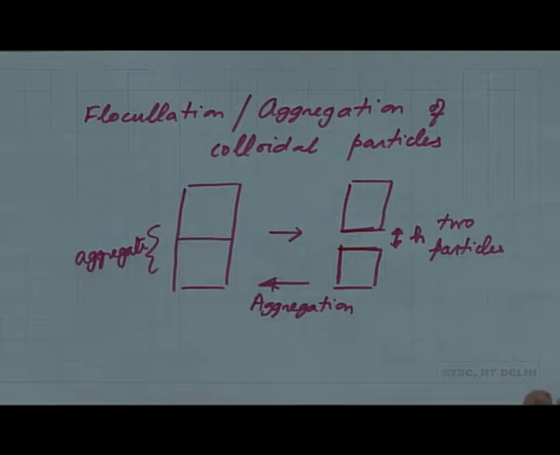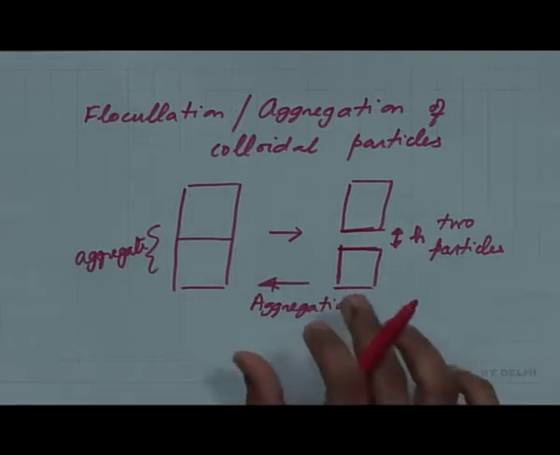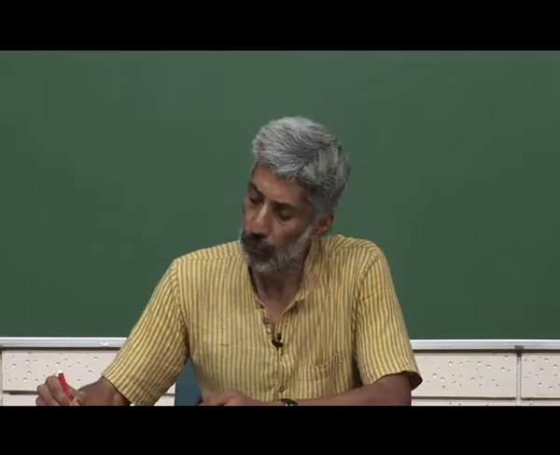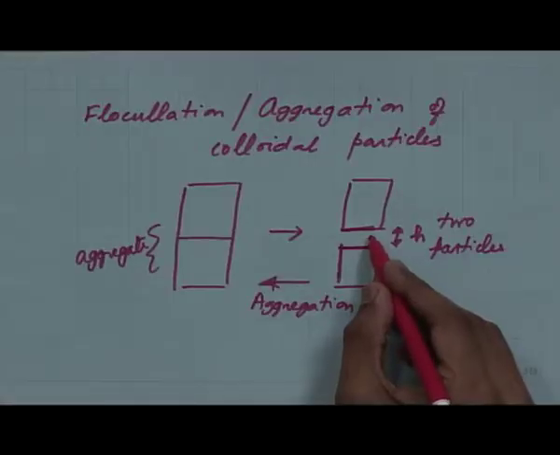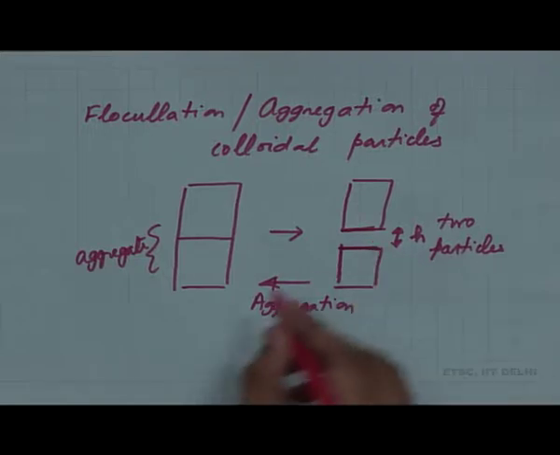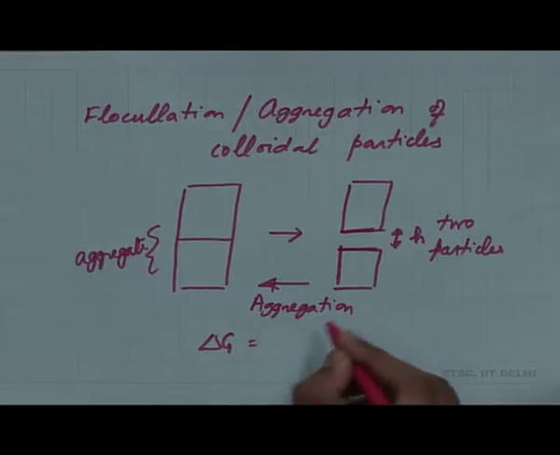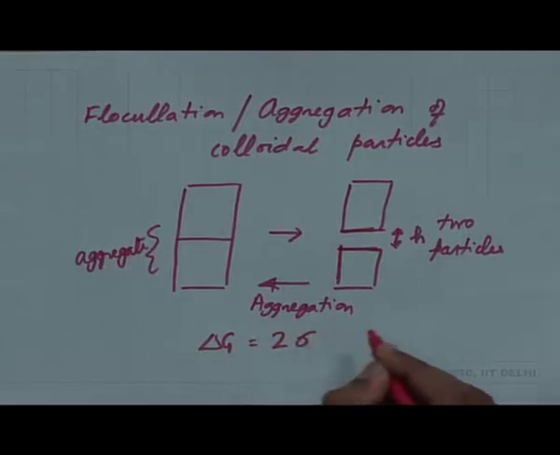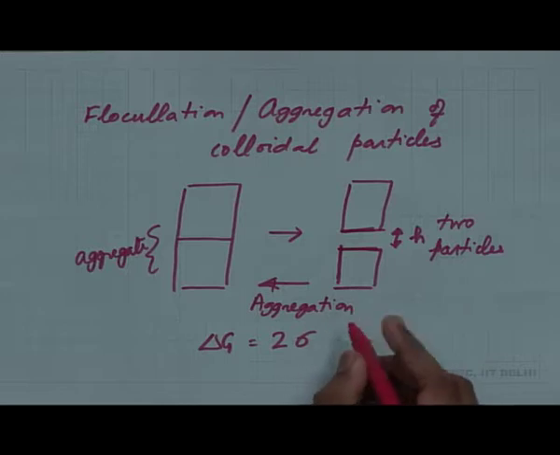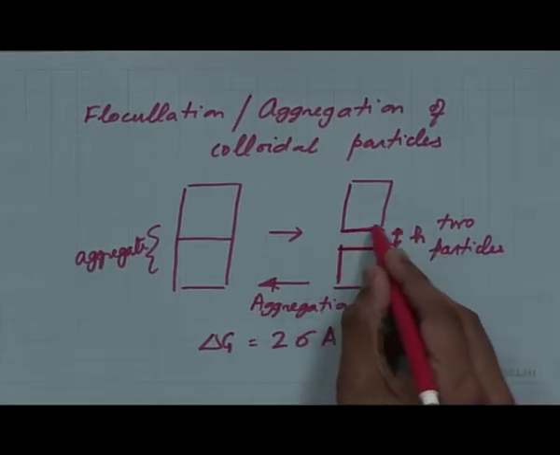This is the process that happens when colloidal particles aggregate, and we would like to understand the chemistry, the physics, or the energetic requirements involved when such a process happens. From your understanding of surface tension, the Gibbs energy change when you create a surface like this will be related to the surface tension times the area of the cube that you created.